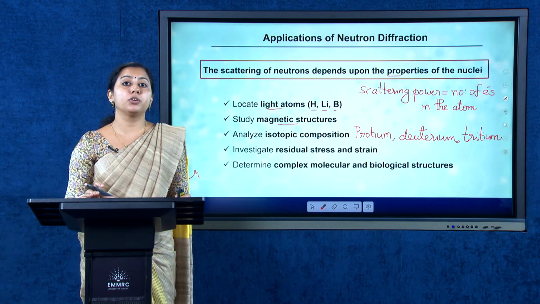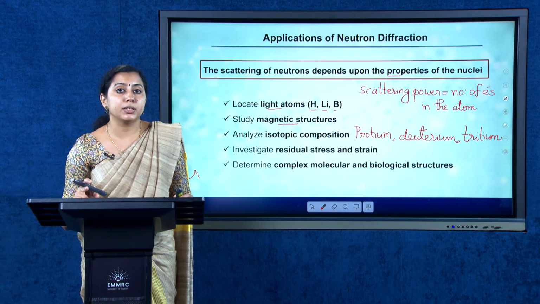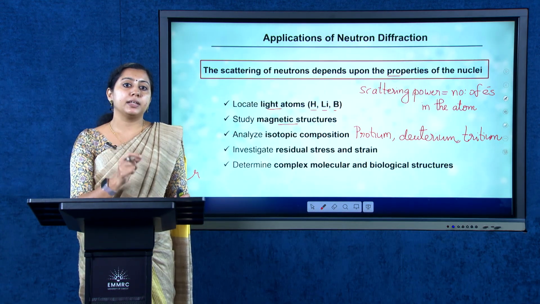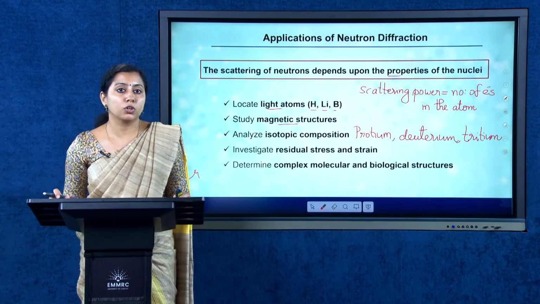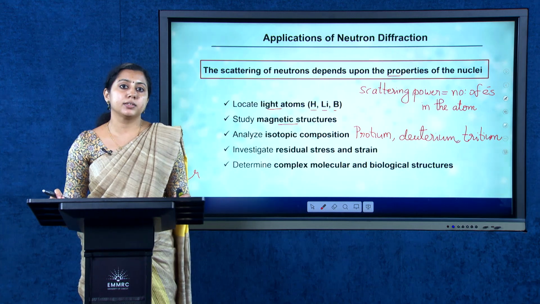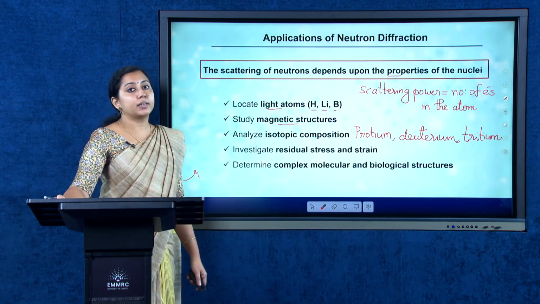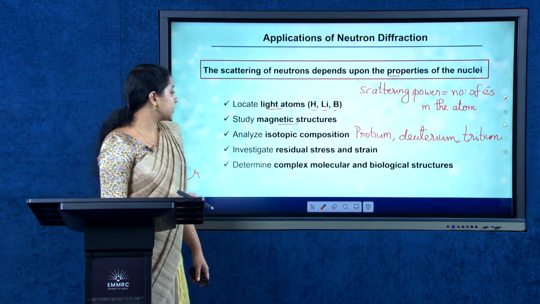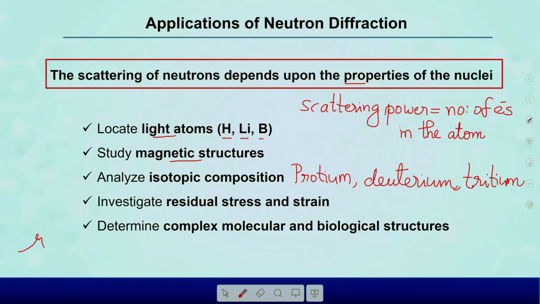Because the scattering of the neutron depends upon the properties of the nuclei. So, this method helps in the analysis of isotopic composition. This is also used to investigate residual stress and strain, and also to determine complex molecular and biological structures.